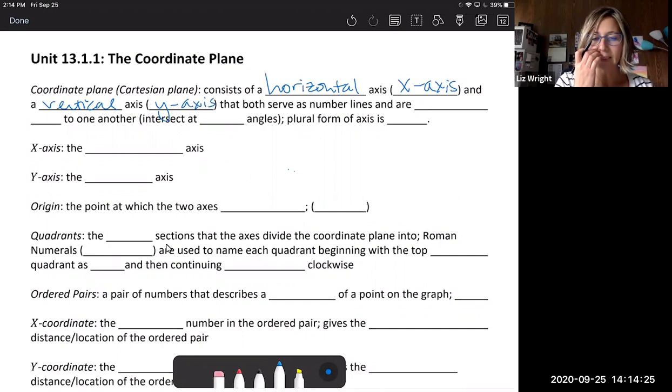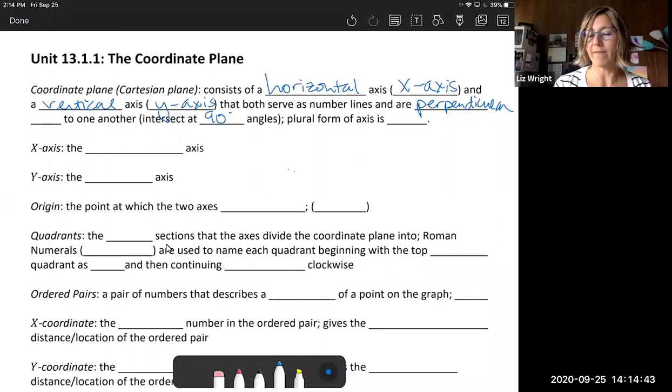They both serve as number lines that are perpendicular to one another. That means that they intersect at 90-degree angles.